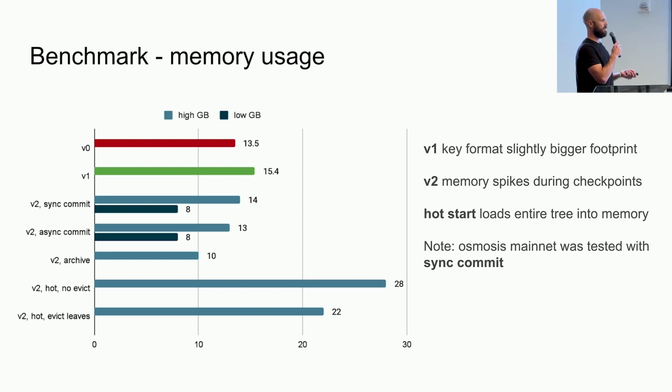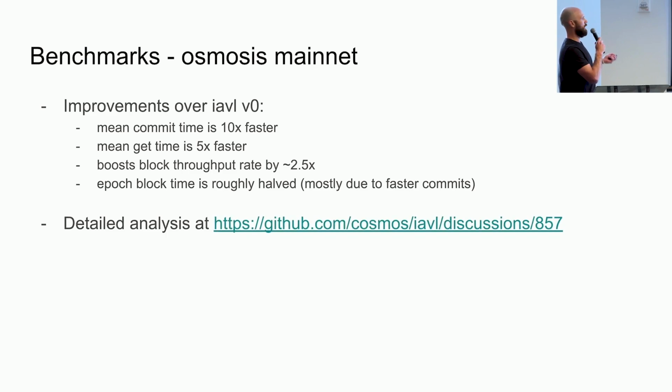Yeah, I tested this version of IAVL v2 on Osmosis mainnet, and that was tested with the synchronous commit profile. There's a slide for that next. Here we go. So I did test this. I forked the Osmosis SDK and Osmosis sometime last year, and I ran this test on mainnet. There's a really in-depth discussion.